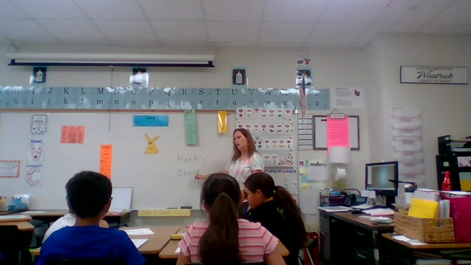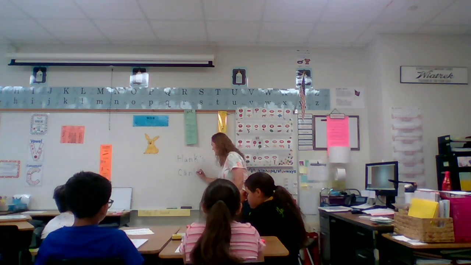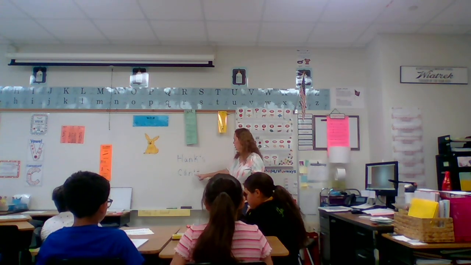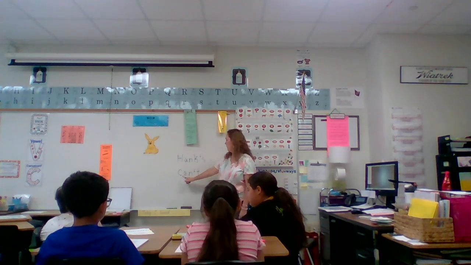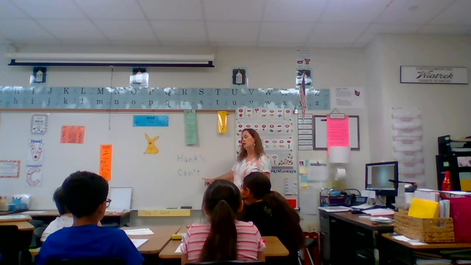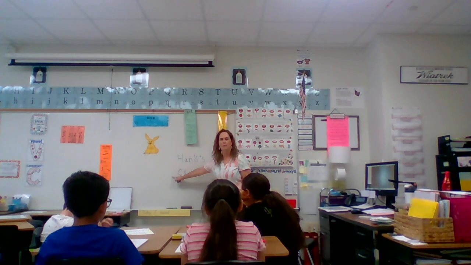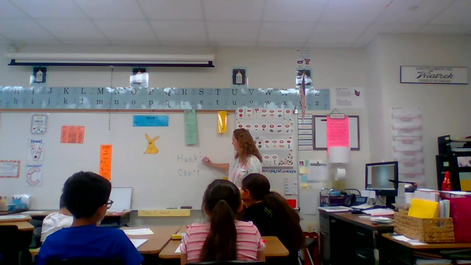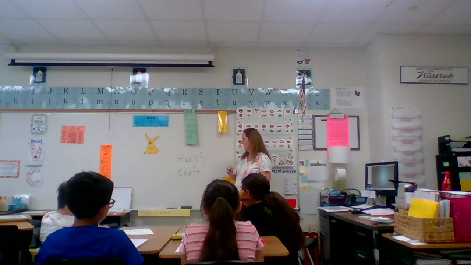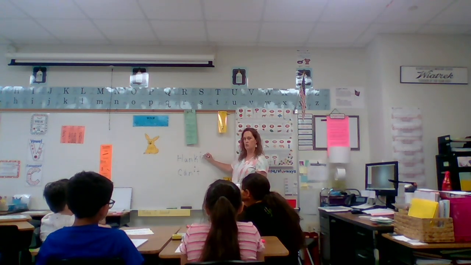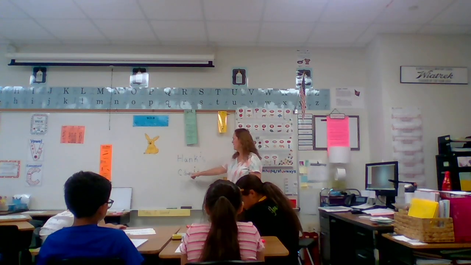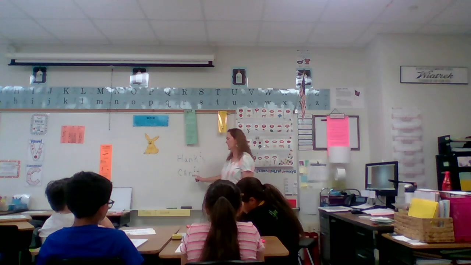No. This apostrophe is taking the place of the O in not. So it stands for cannot, but we shorten it up and say can't. So you're going to see apostrophes in this reading today. Some of them are to show ownership, as in Hank's. Hank owns something. Some of them take the place of a letter.